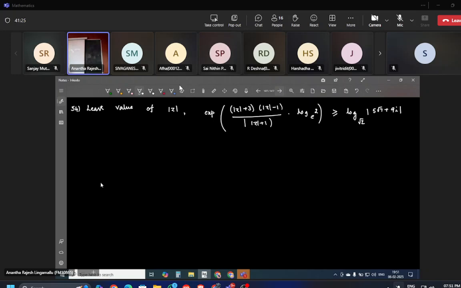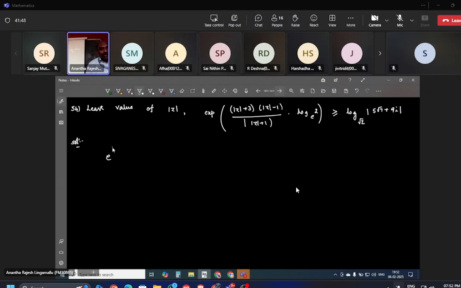For that, I want the least value of mod z. Right? Very big, no? What is the meaning of exp? Exponential of. So when these two are multiplied like this, can I bring this fellow to the power of 2?